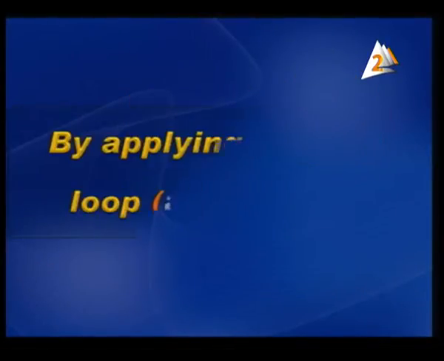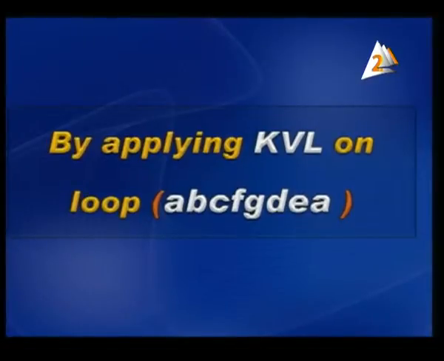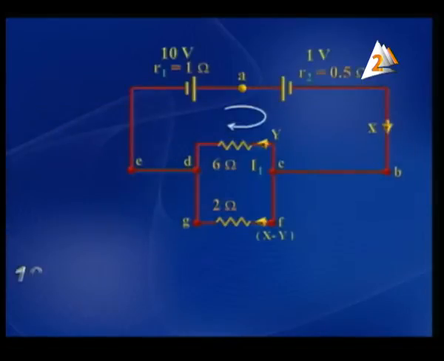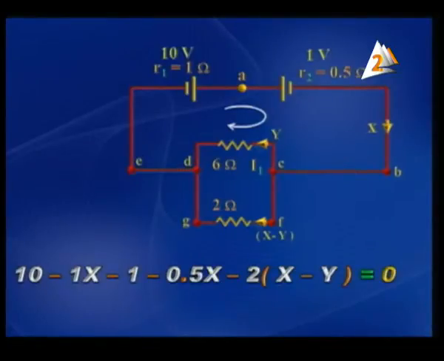And also by applying Kirchhoff voltage law on loop A, B, C, F, G, D, E, A, we can say 10 minus 1x minus 1 minus 0.5x minus 2(x minus y) equals 0.